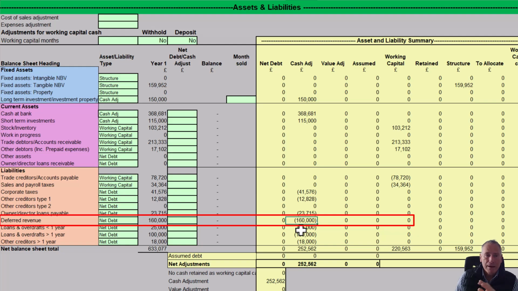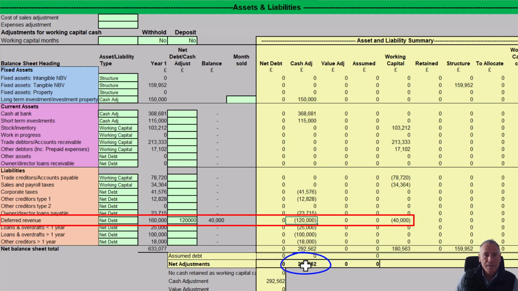Now, there is a middle ground here. You might agree with the owner that, let's say, 25% of that is deemed to be working capital. So if you agreed with the owner that £40,000 of that should be paid back to the owner, if we put in £120,000 in here, it will reduce this number down to 120, and it will transfer £40,000 to working capital.